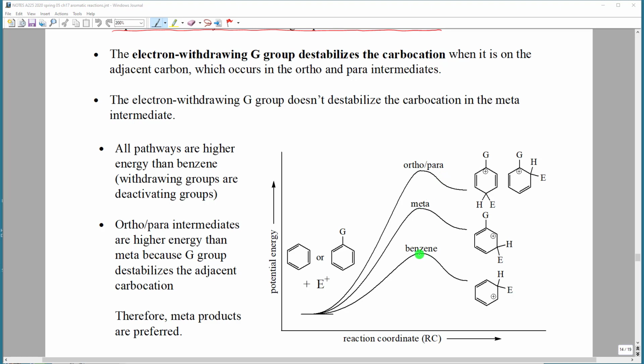But if we look, the meta goes up only a little because it doesn't have any particularly bad resonance structures, whereas the ortho and para go up a lot because they have extra potential energy caused by the bad resonance structure. So comparing the height of these two, we can see the meta would be relatively faster, and so meta products would be preferred.